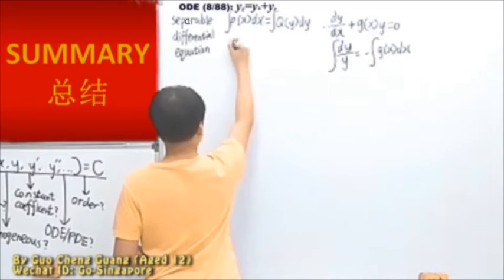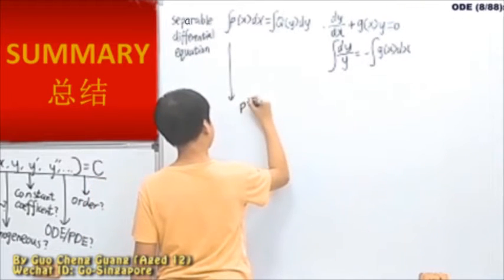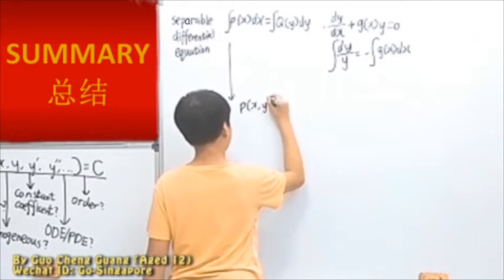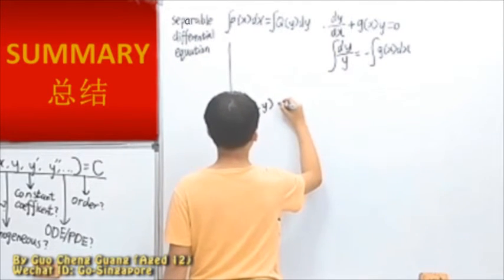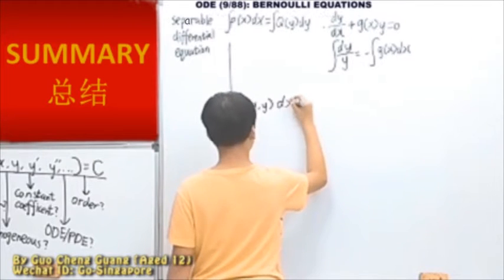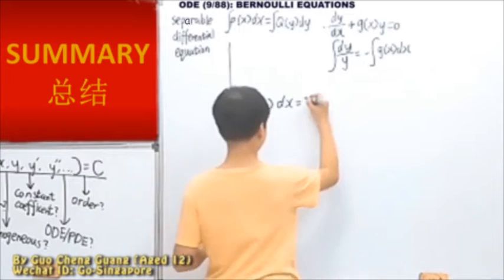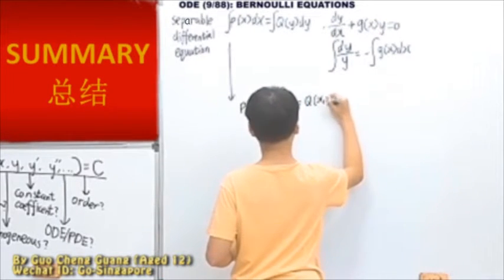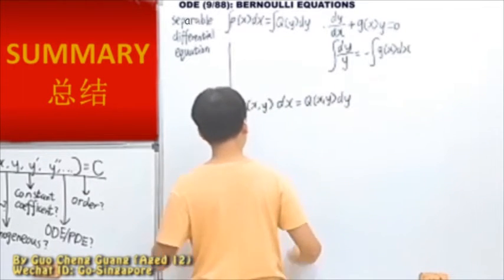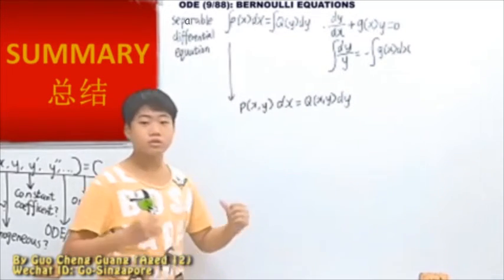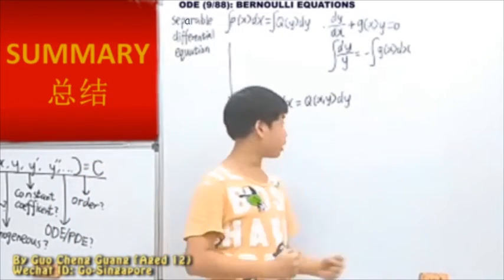If we cannot separate it, then what we'll think of next will actually be p(x,y)dx equal to q(x,y)dy. But this form is when we cannot separate it. x and y cannot be separated apart.